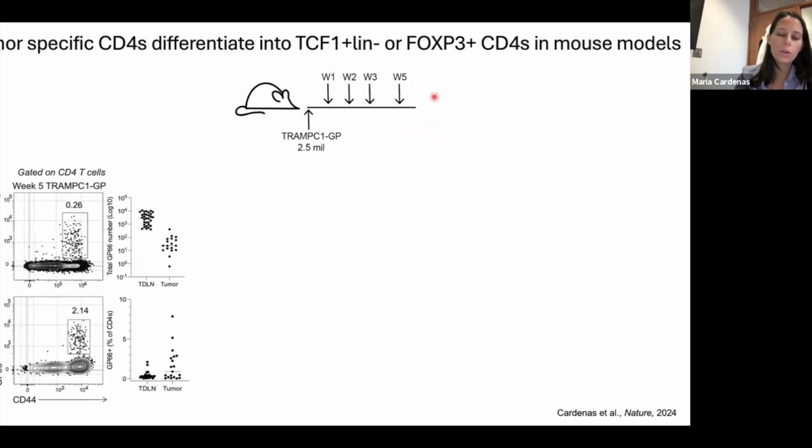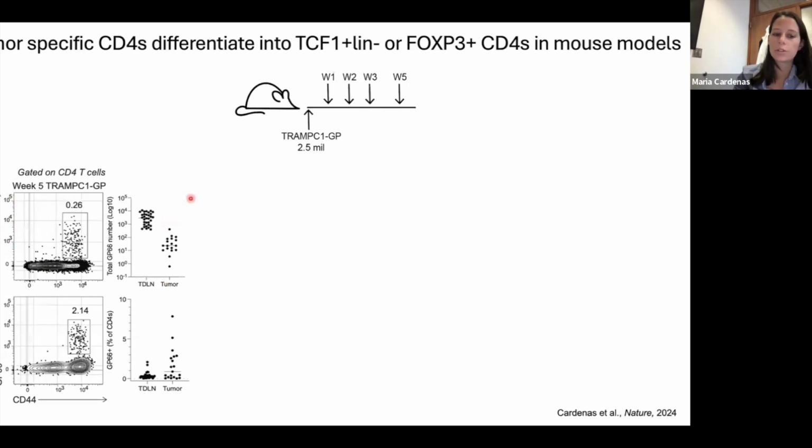And so the beauty of this model is that we can also address antigen specificity based on CD4 tetramers that we have for LCMV. And so these GP66 are antigen-specific CD4s that we can find specific to the tumor, that we can find both within the draining lymph node and the tumor at different frequencies.